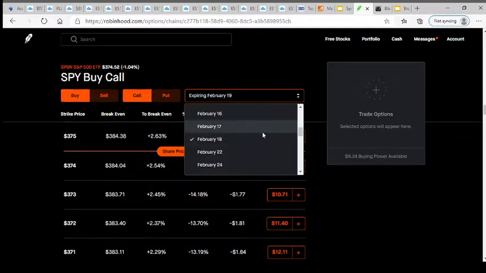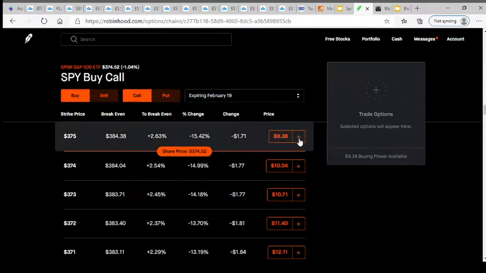I generally do the next expiration out for monthly. I don't normally do weekly expirations for spreads because the bid-ask spread for these is going to be horrible for the most part if you go out into weeklies. So you click right here on this plus button.